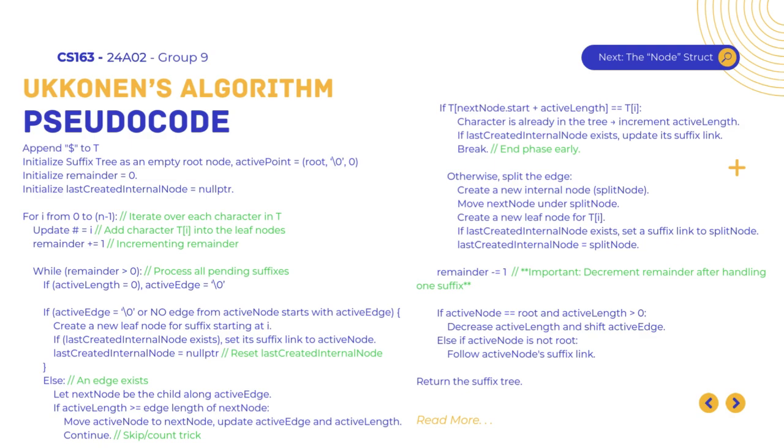So those of you who want to try and build Ukkonen's algorithm and the data structure that is the suffix tree, you can read the pseudocode. You can pause right there and read the pseudocode and maybe try a little bit. Next, we will go into detail how to design the data structure.